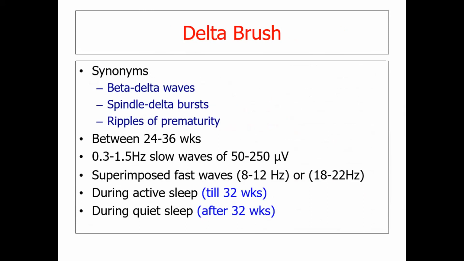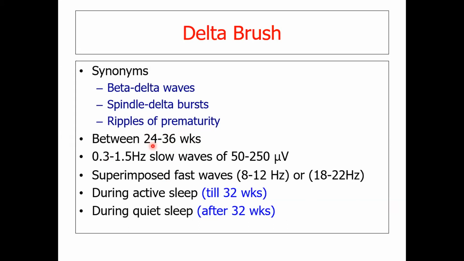This you have been told about in children also. There are certain conditions where you see delta brush. However, in neonates, they are a normal grapho element, a normal developmental variant, which occurs between 24 to 36 weeks.